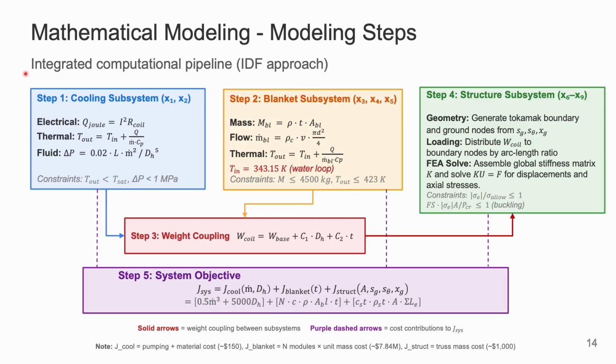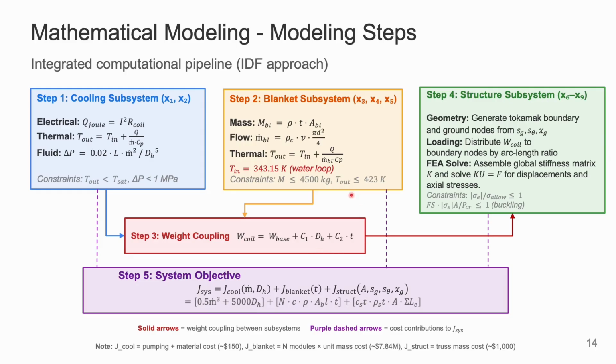In step 1, the cooling model computes joule heating, outlet temperature, and pressure drop from mass flow rate and hydraulic diameter. In step 2, the blanket model independently calculates modular mass and outlet temperature using its own water coolant loop at 343 Kelvin inlet. Step 3 is the key coupling. The total coil weight is updated as a linear function of dH from cooling and t from the blanket.